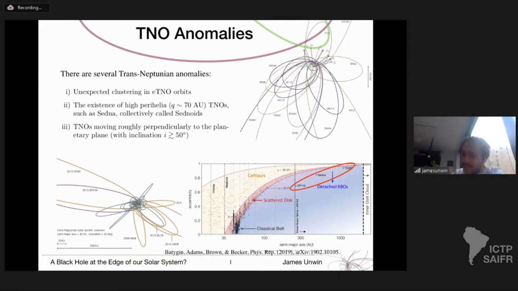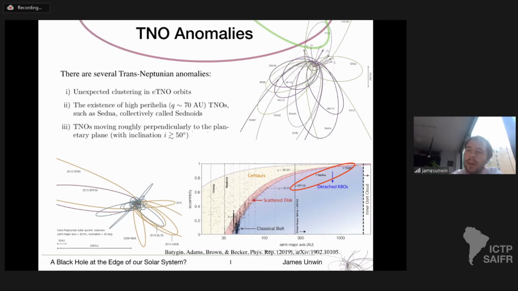So we pretty much have a good explanation of the solar system over most of the region of interest. Now, what's more interesting is that if you go out to further distances, well beyond Pluto, say 100 AU and beyond, then our explanations start to suffer.